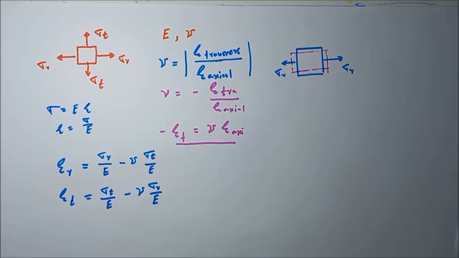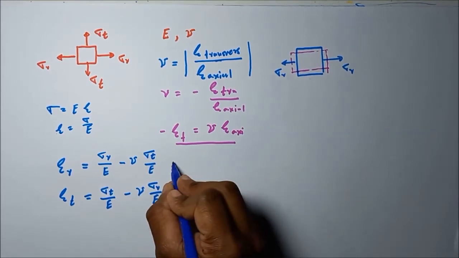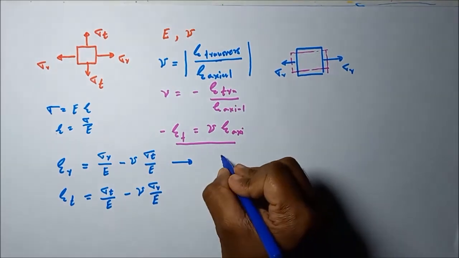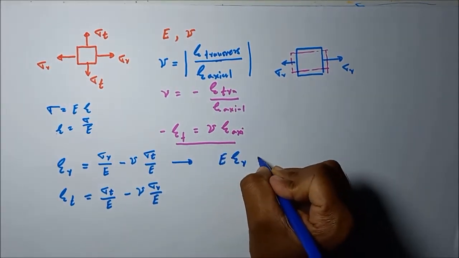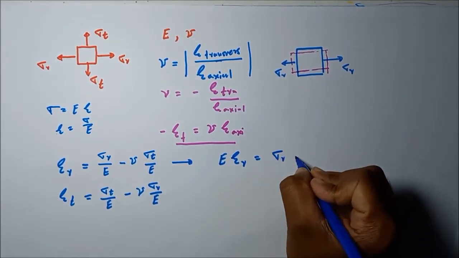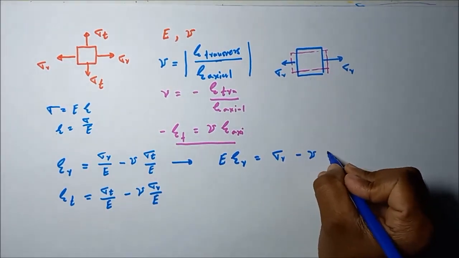We have two equations for the strain in the radial direction and the strain in the tangential direction. I will multiply these with E. E into epsilon r is equal to sigma r minus nu into sigma t.